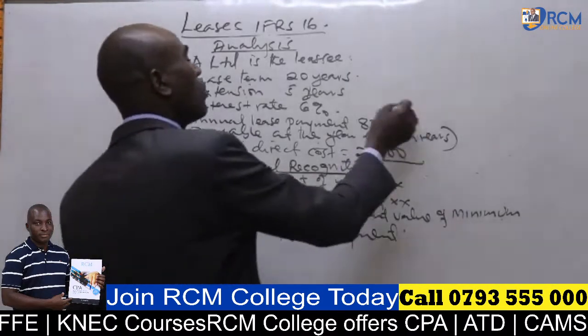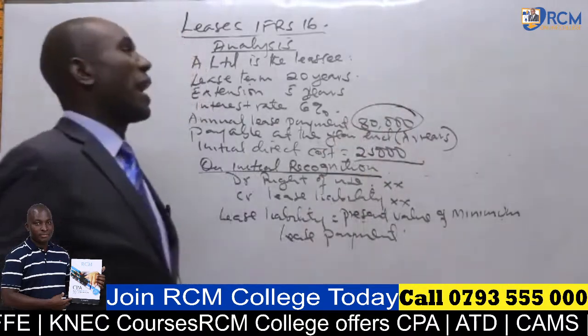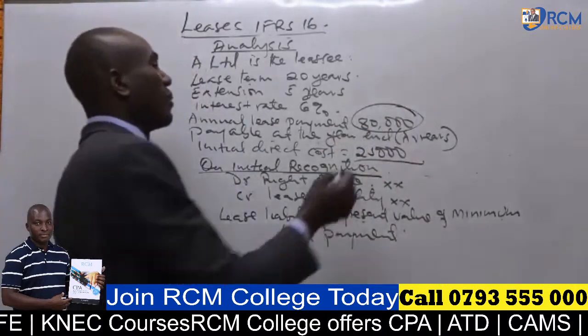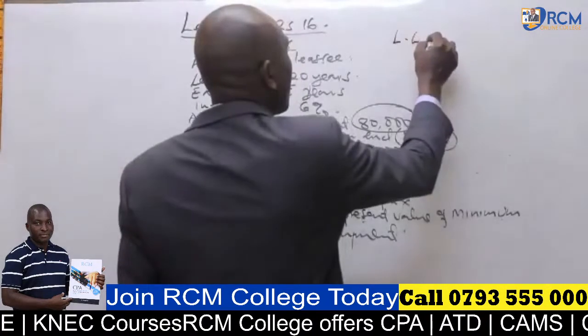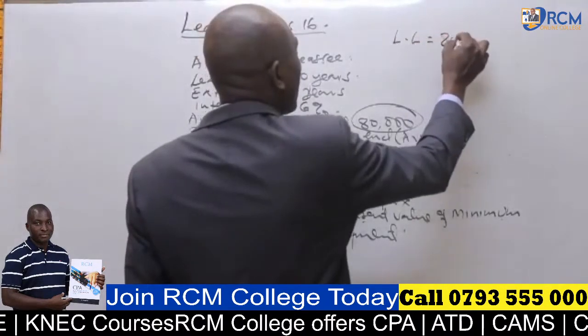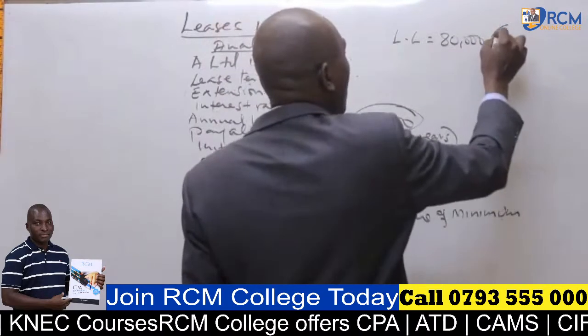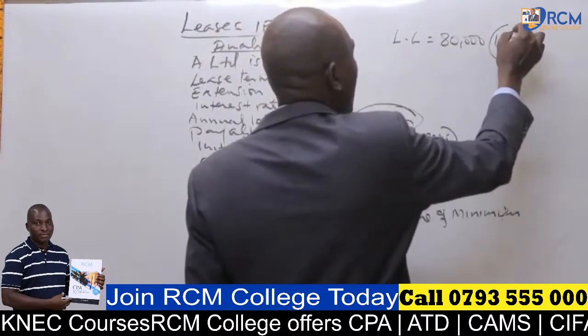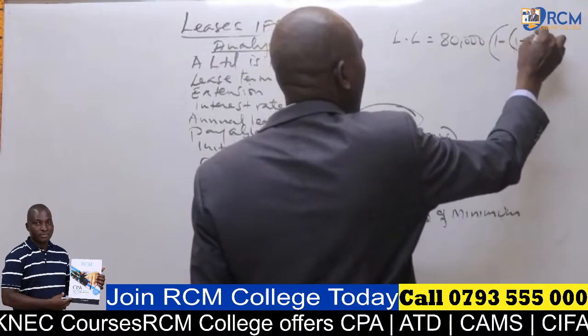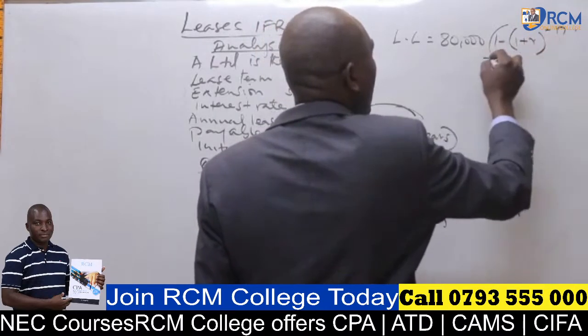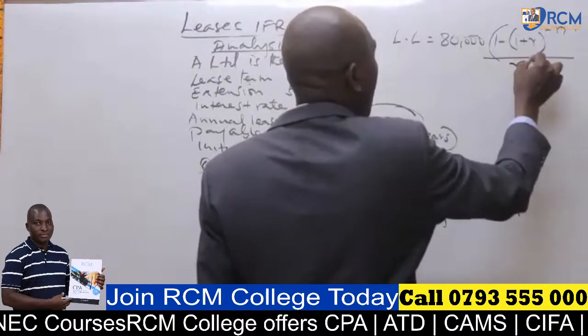I discount whatever I'm paying annually to the present value. Therefore, lease liability equals 80,000, what I'm paying annually in the initial term, into 1 minus (1 plus R) raised to negative N, divided by R.